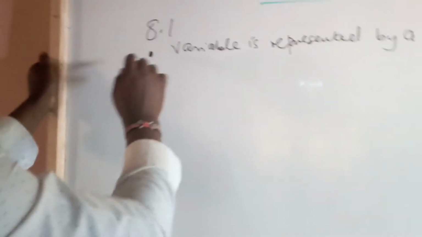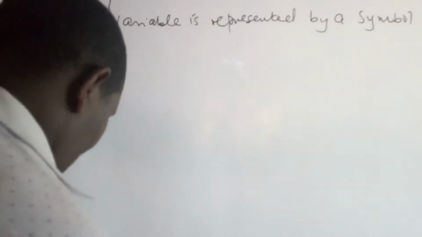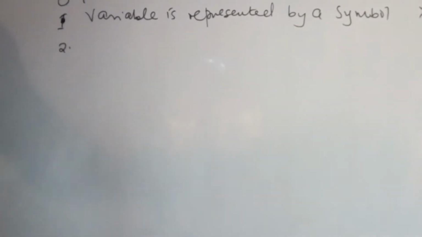Point number 2: when the value of a variable is the outcome of an experiment, the variable is called a random variable.